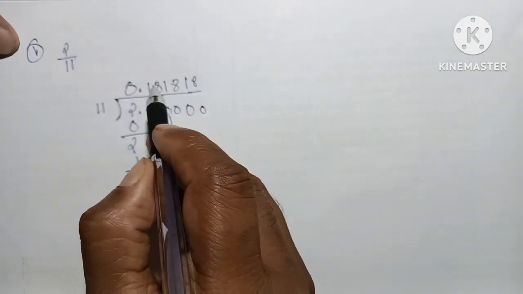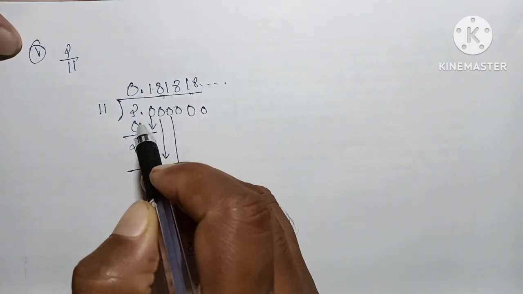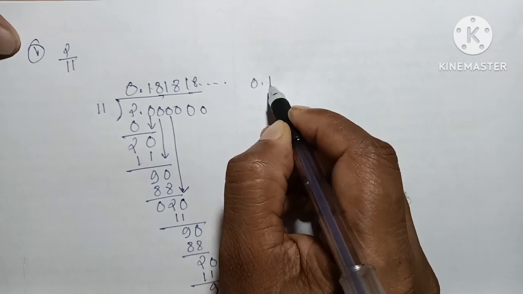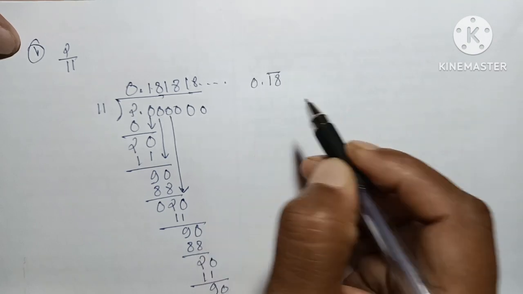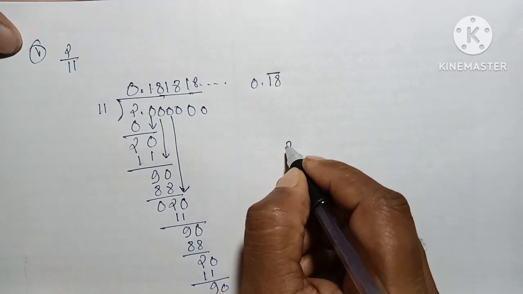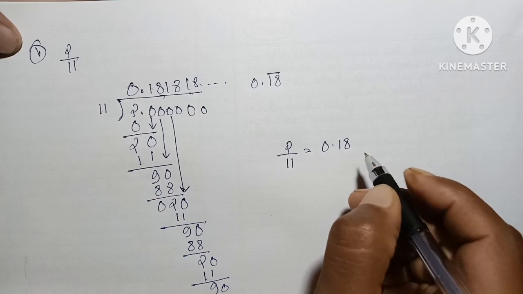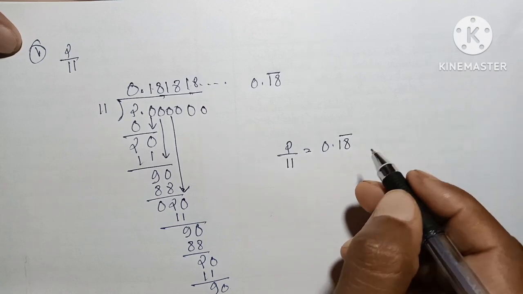Now come to the question. You see carefully. Here is the 1 8. Here is the 1 8. 1 8 are repeated. Means 0.18 are repeated. These two digits are repeated. It means that 2 by 11 is equal to 0.18 repeating block.